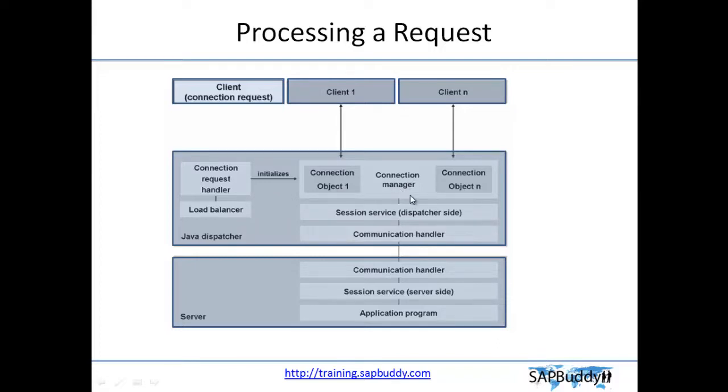The connection manager will identify what kind of service is required, and based on that, it will provide the information to the communication handler. For example, if it is an HTTP request, then it will be handled accordingly. So based on that, the specific application will be redirected to the server process, where the server process will do the necessary processing.